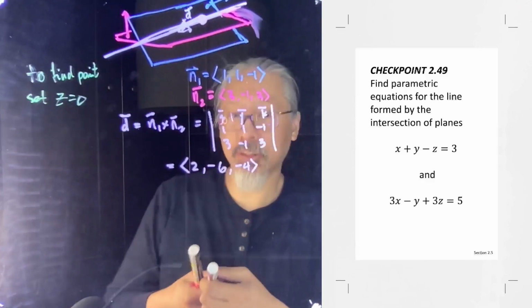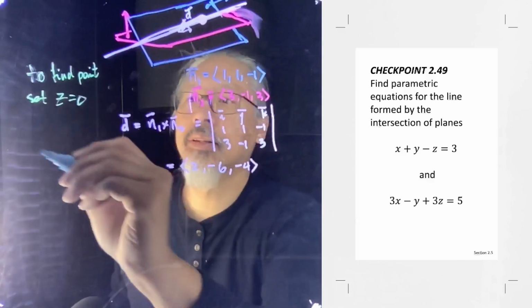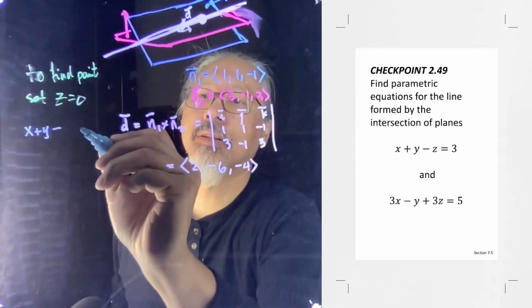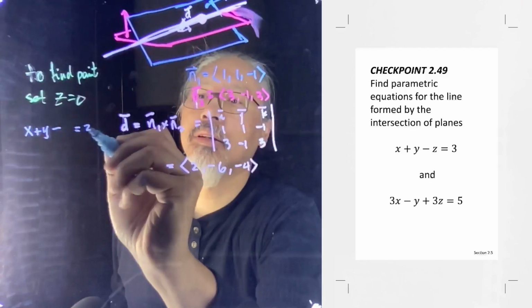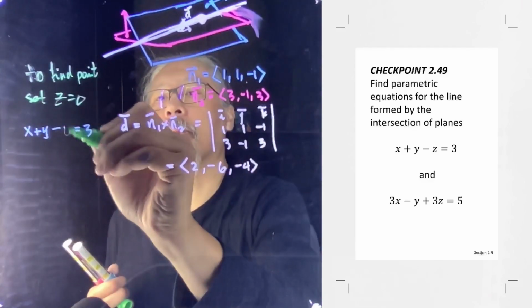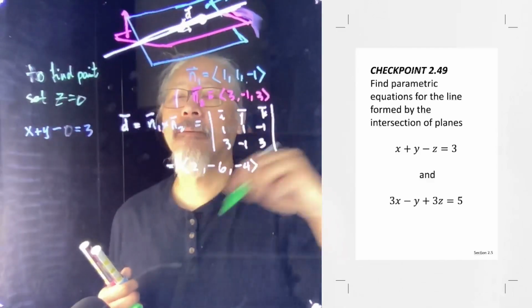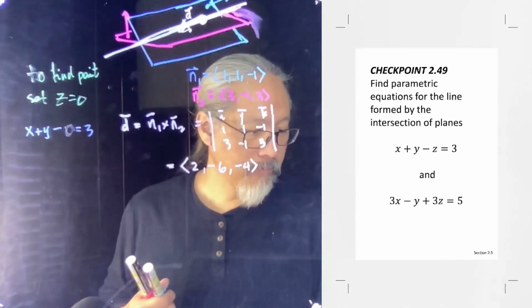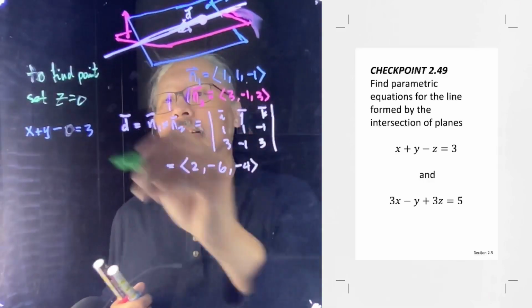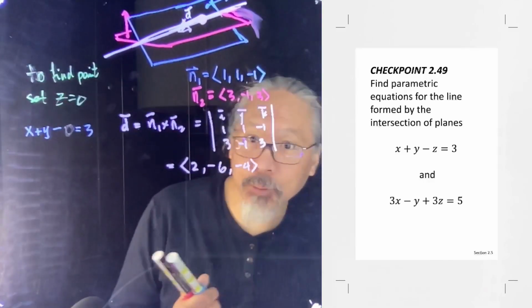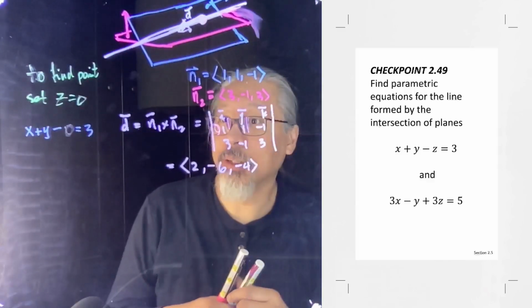So the first equation that we have for the first plane is x plus y minus z, which is going to be set equal to 0. We really don't need that symbol anyways because it's going to be 0.